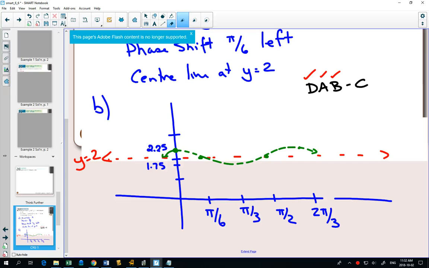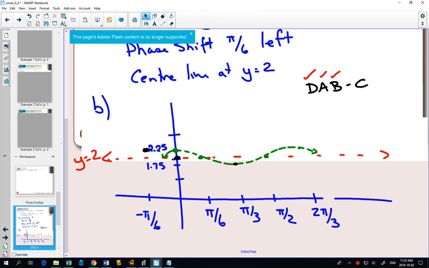And then finally, we now take each of our points and we have to shift things pi over 6 to the left. So I'm going to add on here negative pi over 6. This point that was at our maximum needs to get shifted over pi over 6 to the left. This point here gets shifted pi over 6 to the left.